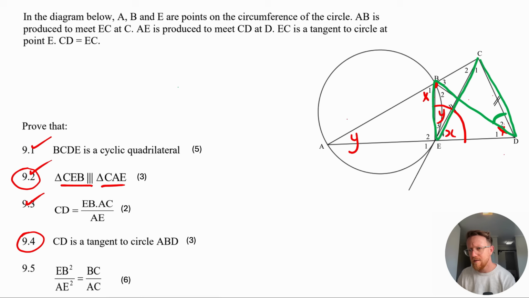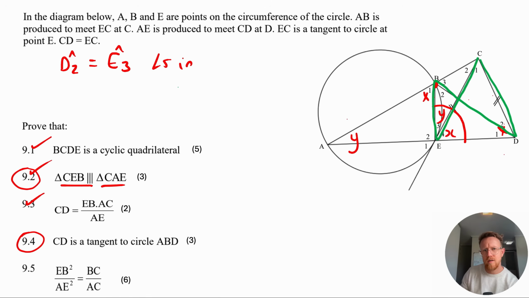So if you look carefully, we've got that over there and over there. And remember that this is a cyclic quad, so we can use these properties. So we can say that angle D2 is the same as angle E3, and that is because of angles in same segment.